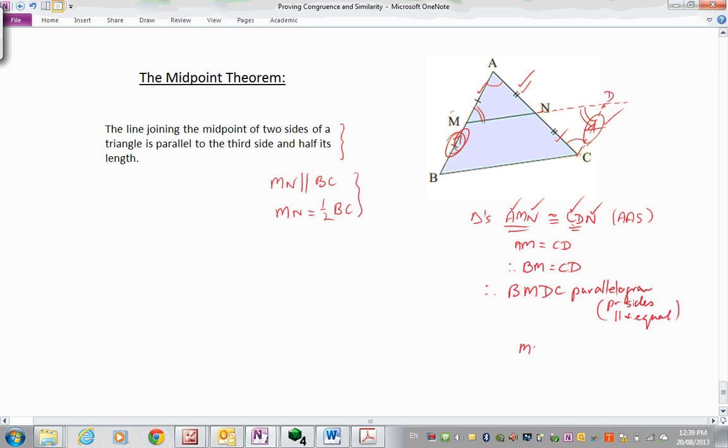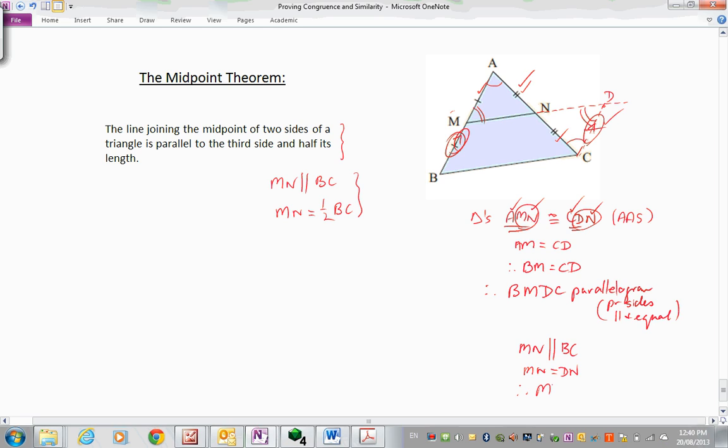So what does that mean? Well, MN will be parallel to BC, so that's half of our result that we needed to prove. And also, if we look back at our congruent triangles, MN is equal to DN.